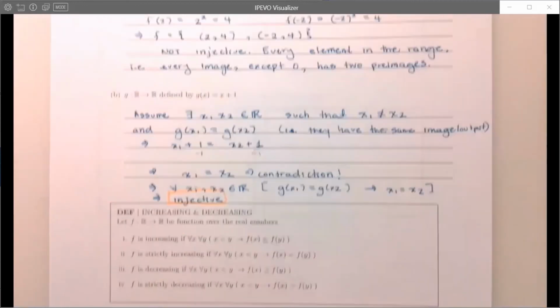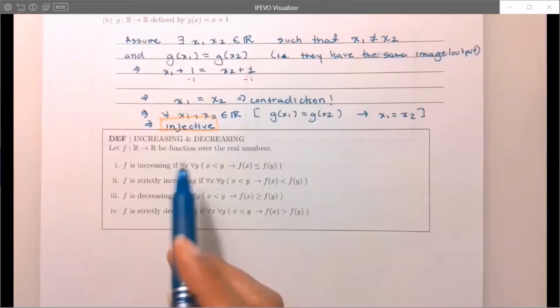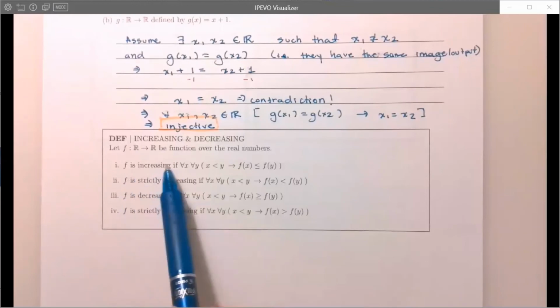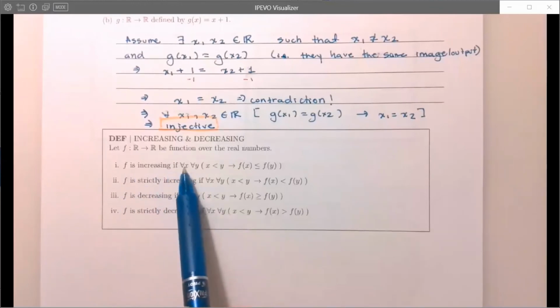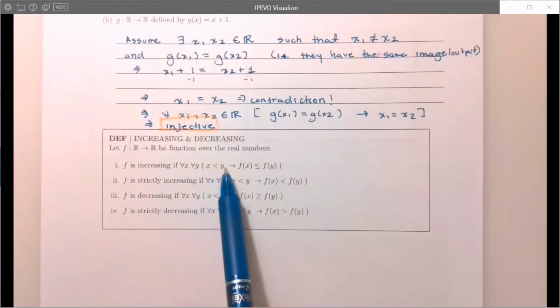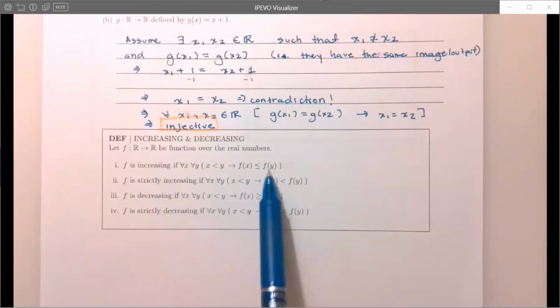Now, two definitions, or I should say more like four definitions that are related to this idea of injective are those of increasing and decreasing. So if we consider a function f from the real numbers to the real numbers, we say that f is increasing if for any two real numbers x and y, if x is less than y, then f of x is less than or equal to f of y.